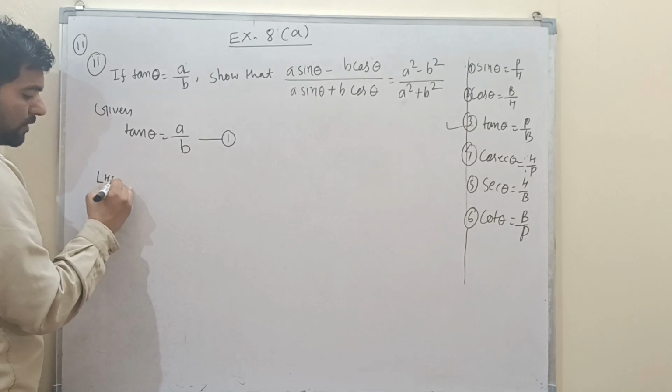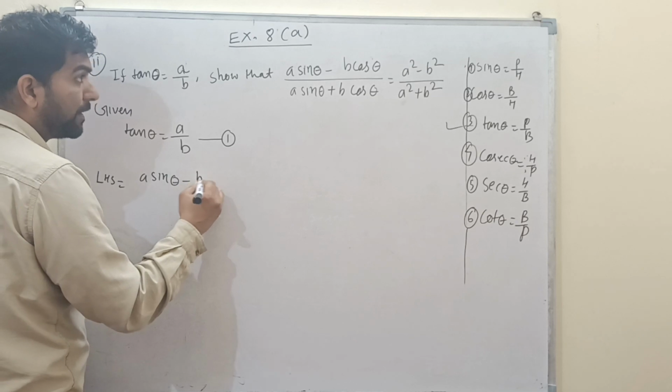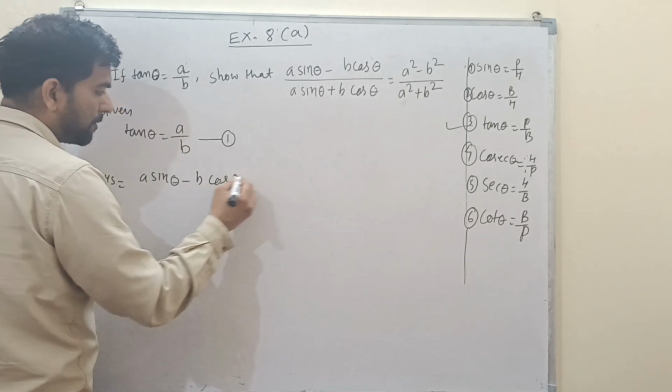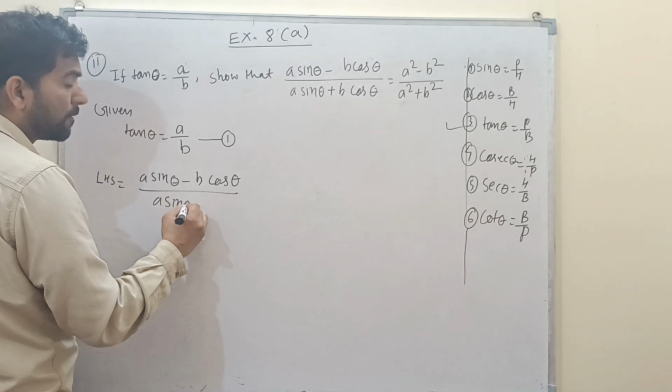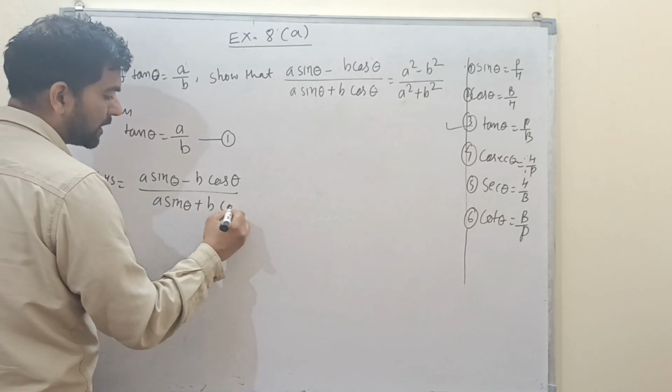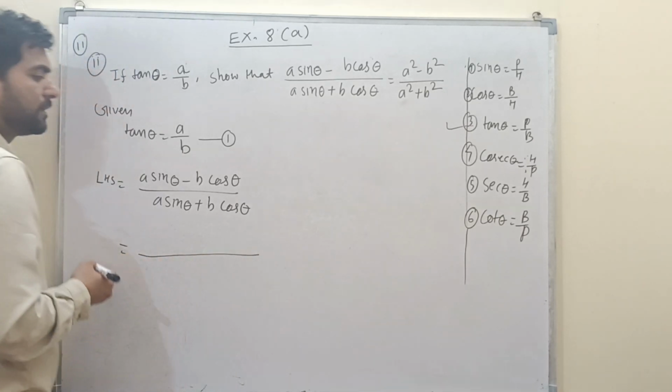LHS is equal to a sine theta minus b cos theta by a sine theta plus b cos theta. Next step, I will divide both numerator and denominator by what?